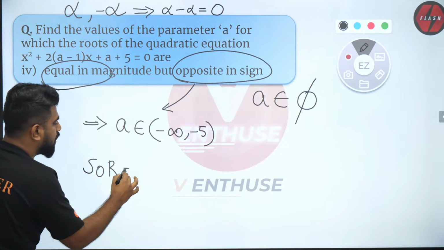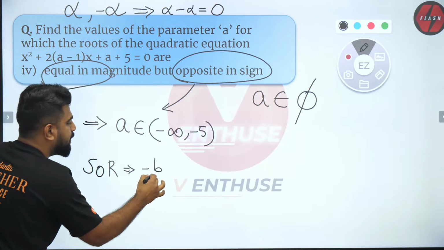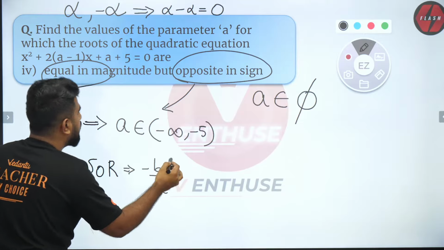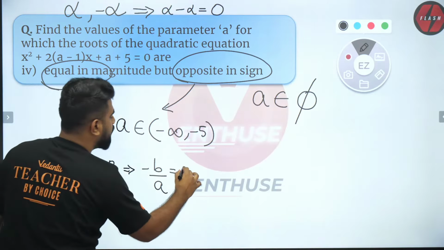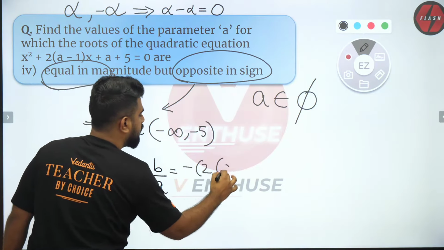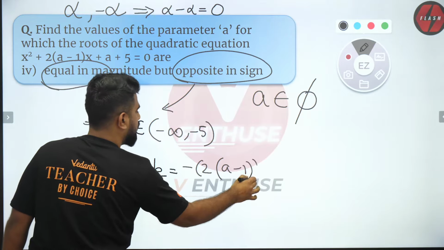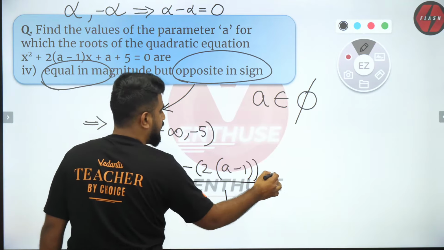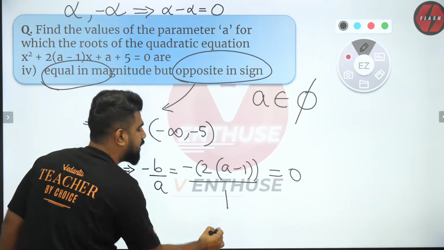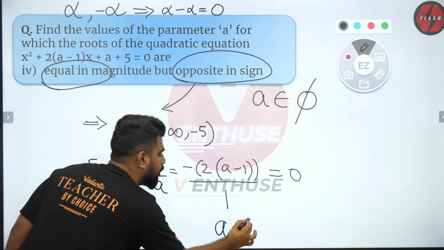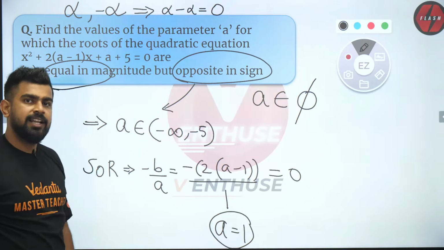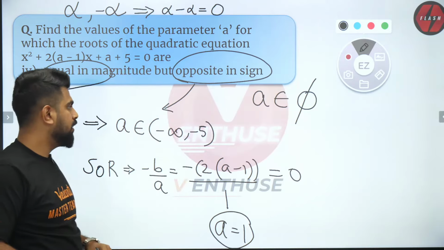Sum of roots of a quadratic is minus b by a, which is equal to minus 2 times (a minus 1) divided by 1, and that should be 0. That means a can be 1 only.